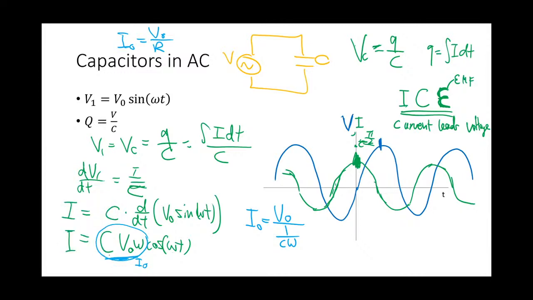So to find the size of the resulting current, you just divide by this funky term here. Let's name this something. It's sort of like resistance, but now there's a derivative involved, so the sine has become a cosine. So we can't call it resistance.